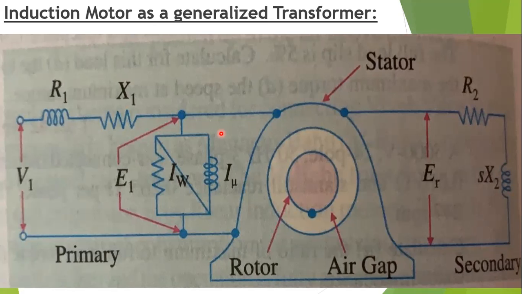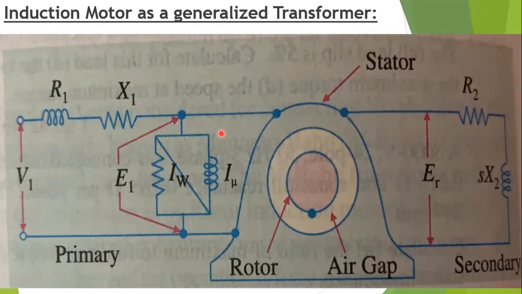With the help of flux mutually linking the primary and secondary, we can develop the EMF. Hence the induction motor is essentially called a transformer, with the stator taken as primary and the rotor forming a short-circuited rotating secondary.